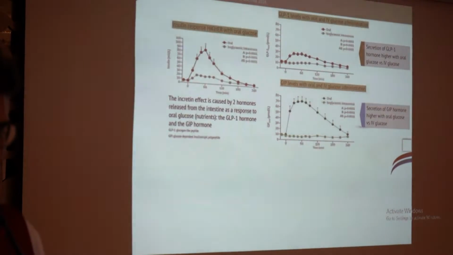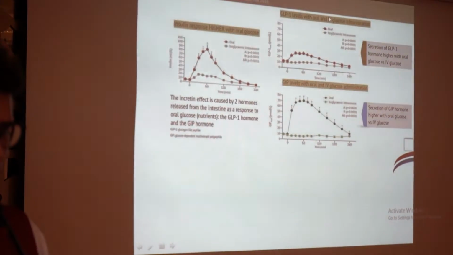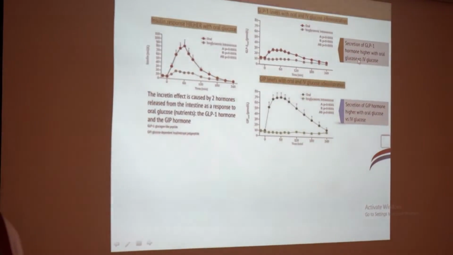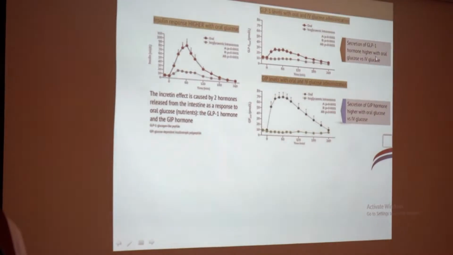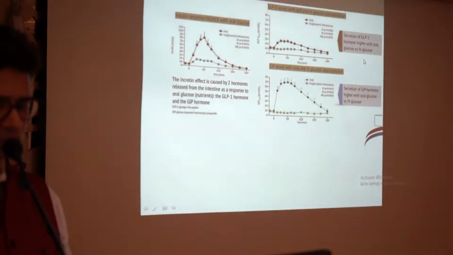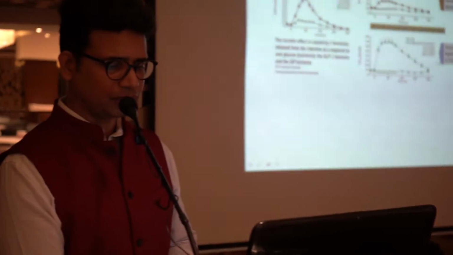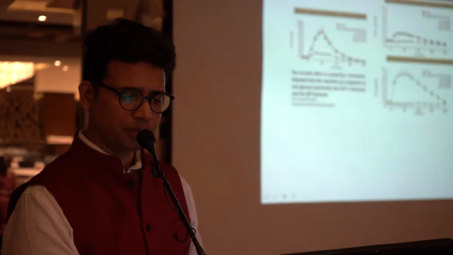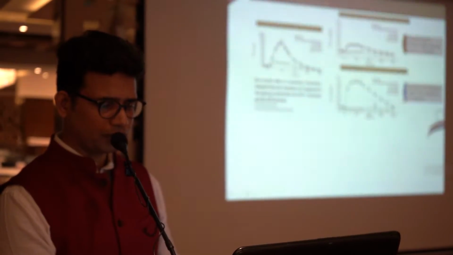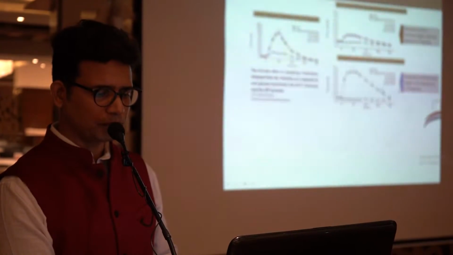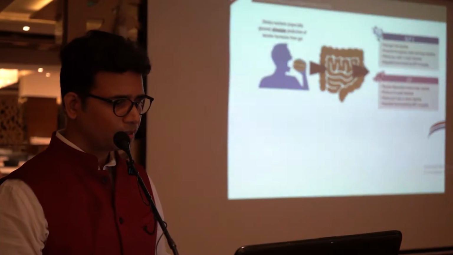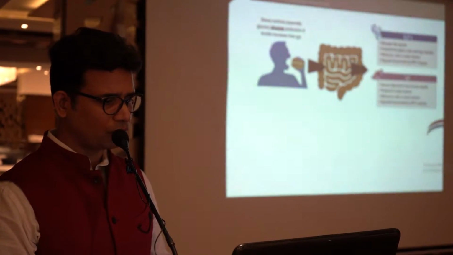Here you can appreciate that the secretion of GLP-1 hormone is higher with oral glucose versus IV glucose. A similar trend you can see with the GIP hormone. When the patient is given oral glucose, the rate of secretion of GIP is much more compared to IV glucose. So these are the two major incretin hormones.